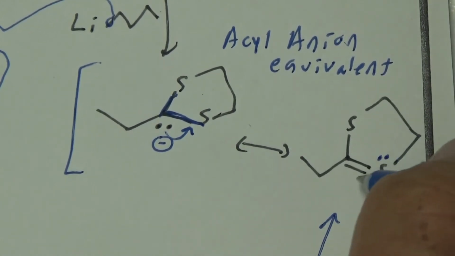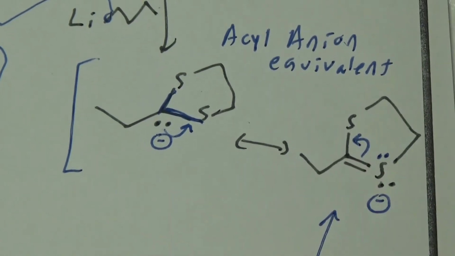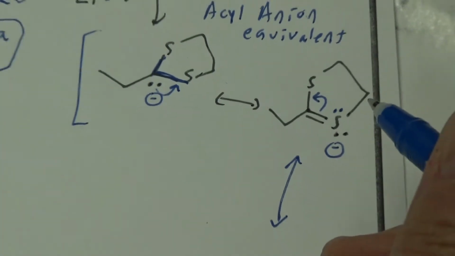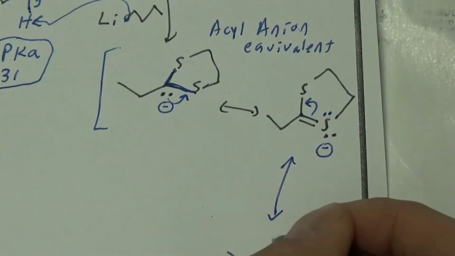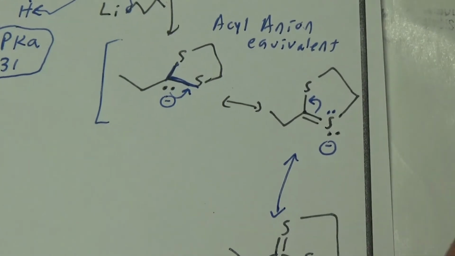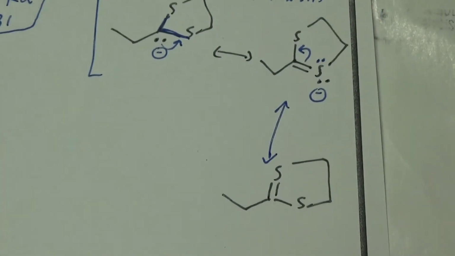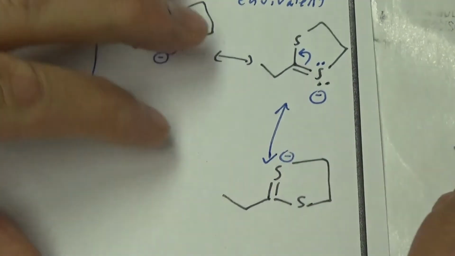So then this double bond can move there, and net result is that we have a bunch of resonance structures. Okay? Where's the new negative charge? It's on that sulfur.